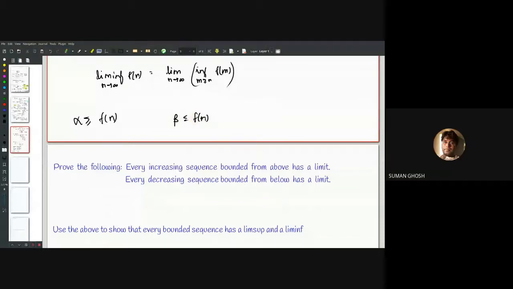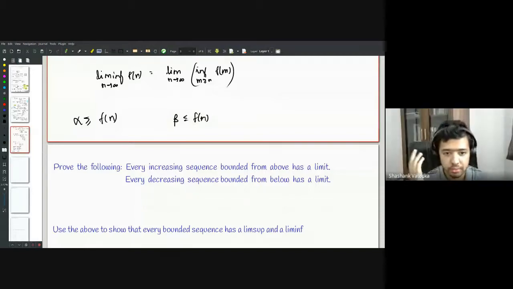Okay, sir. So you can find a real number beta, right? Not plus infinity or minus infinity.